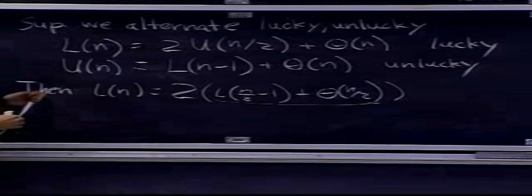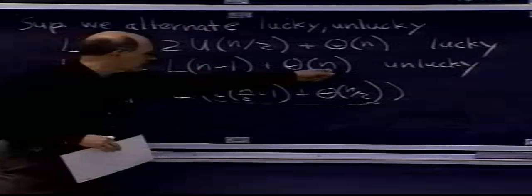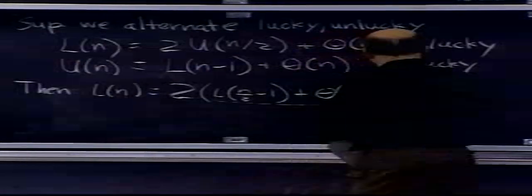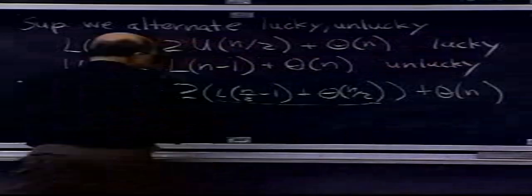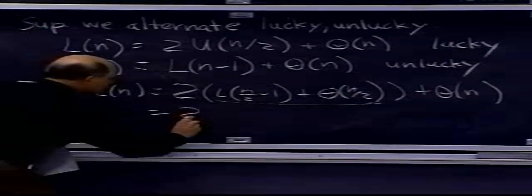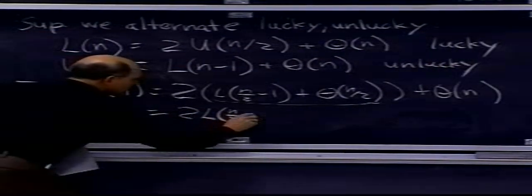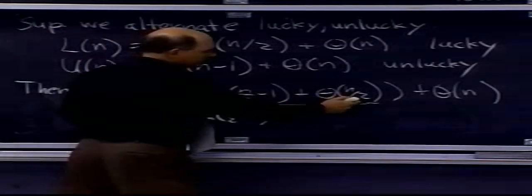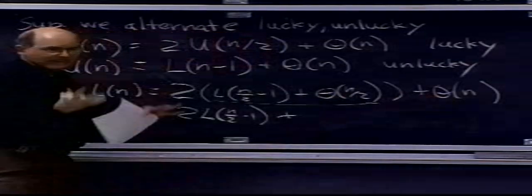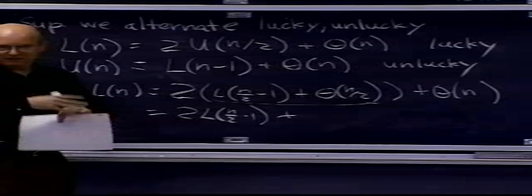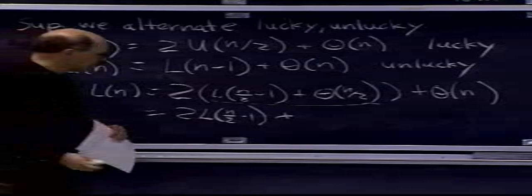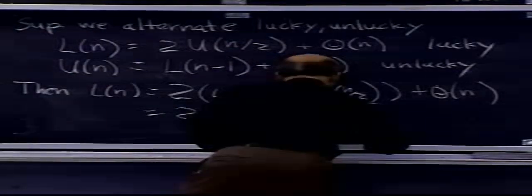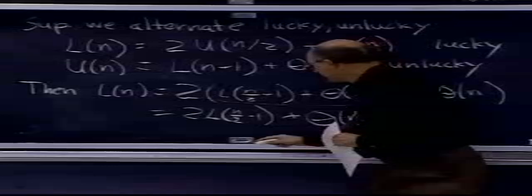Just plugging in for n over 2 here means I put n over 2 here and n over 2 here. And then I add in my theta n at the end. And that's equal to 2L of n over 2 minus 1 plus, well, this is twice a theta of n over 2 plus theta n. That's just a bigger theta n. Whatever function is hidden there by the theta n, it's also theta n, it's just bigger. And what's this?